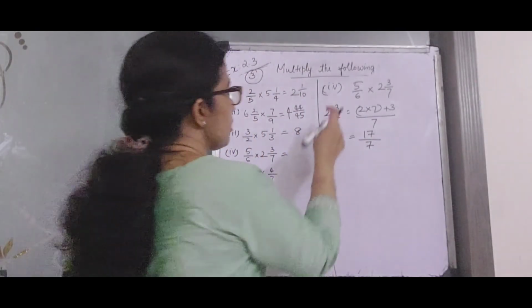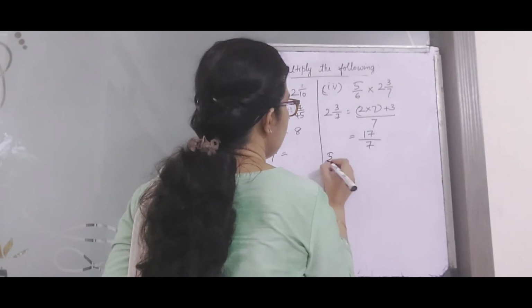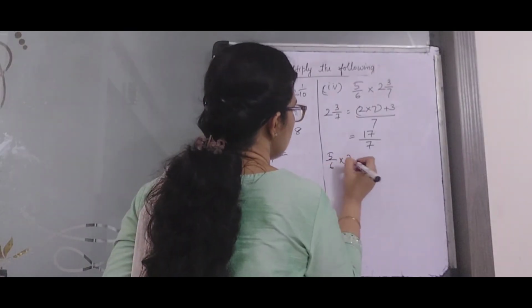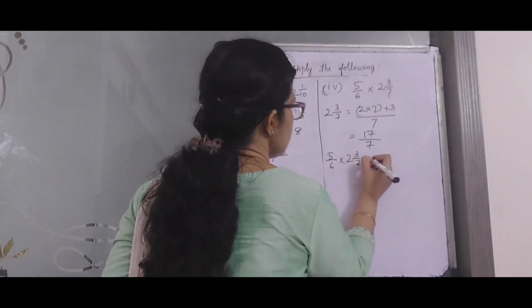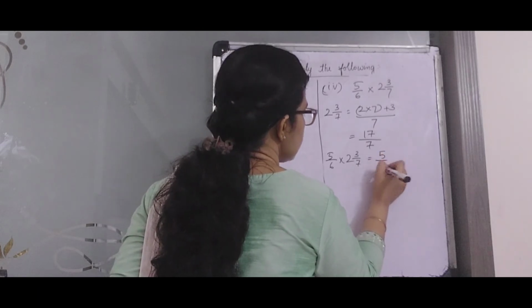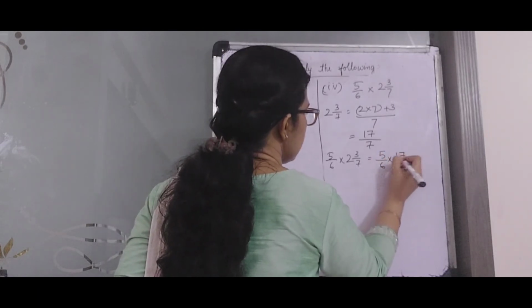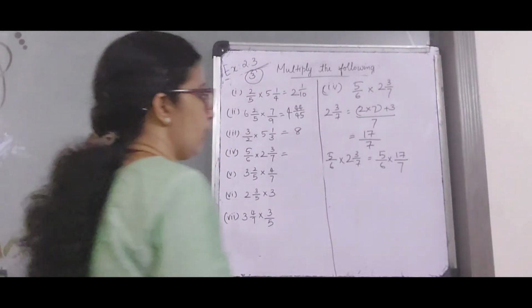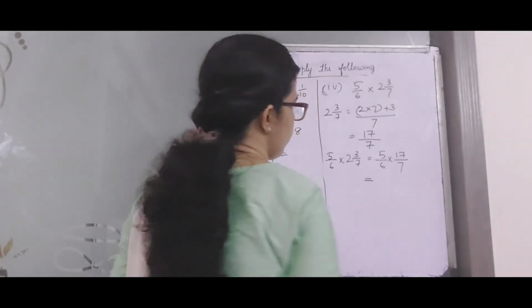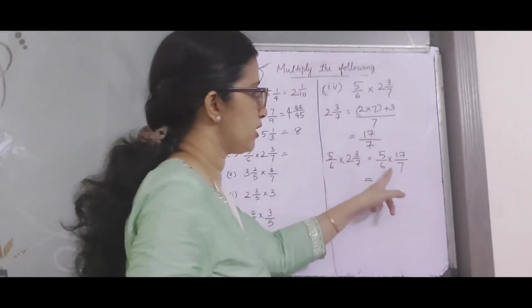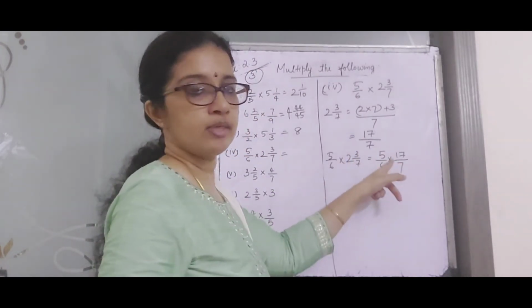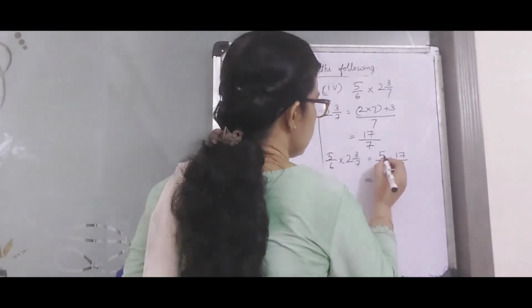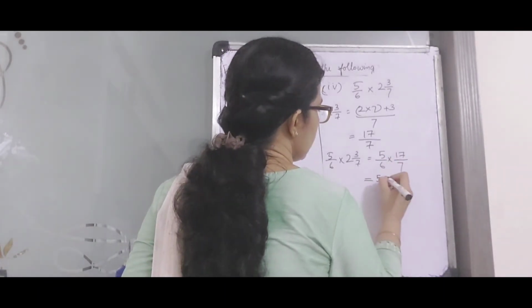Okay. Now if we come to our problem, 5 by 6 into 2 3 by 7 is equivalent to 5 by 6 into 17 by 7. Correct? Now since there is no common factor between numerator and denominator, this cannot be simplified further. Okay, we can directly multiply.